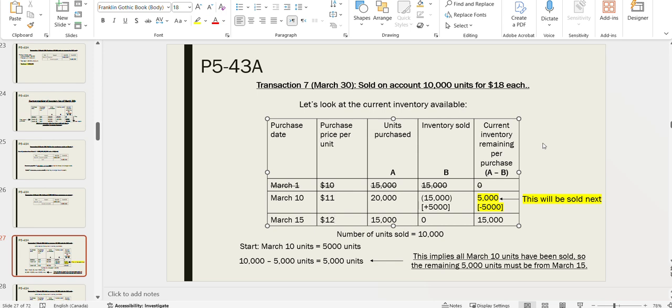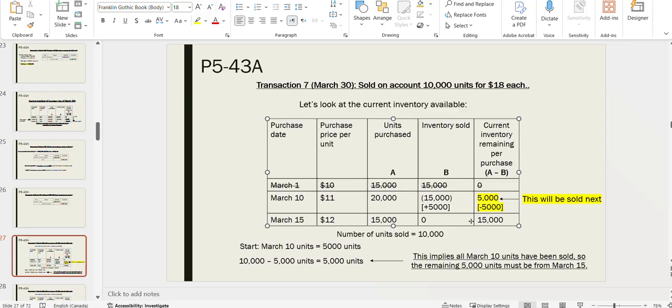So we want to make a sale of 10,000 units. We first use the 5,000 units of our purchase from March 10th because it was the remaining number of items, and another 5,000 items come from our purchase on March 15th.